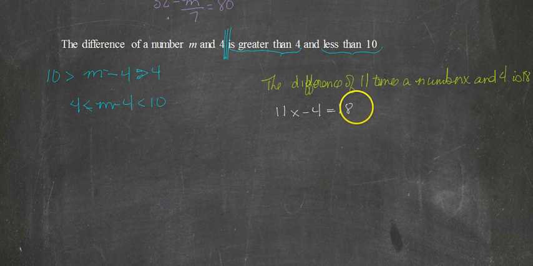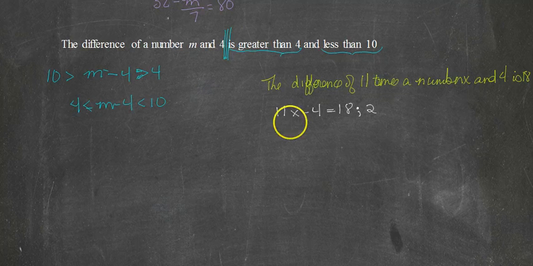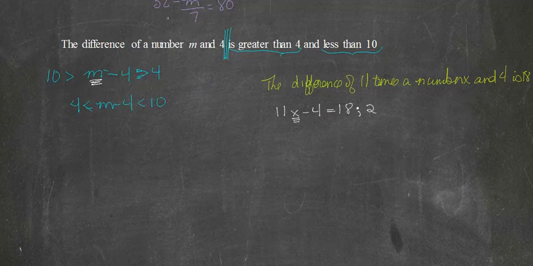First thing we want to do is talk about notation. You're going to be given problems that look like this, followed by a semicolon, and for example, the number 2. In all of these, we have some kind of an unknown value, and our job is to figure out what that value would have to be for this equation to be true. If I didn't have equals 18, I would just have an expression, 11x minus 4.